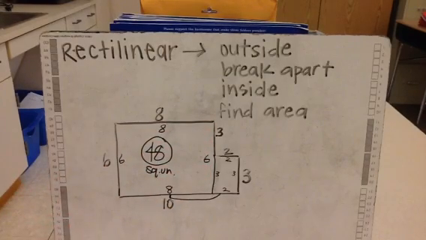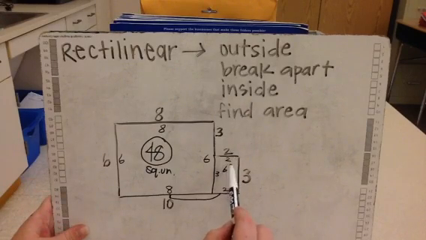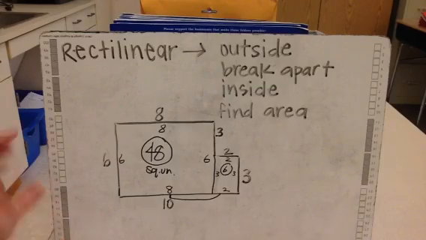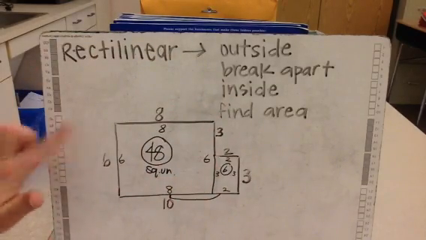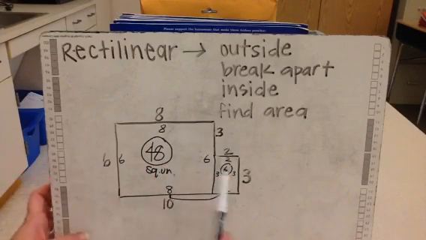So it makes sense. You can check it that way. So anyways, now I'm going to find the area of this rectangle. It would be 2 times 3 is 6 square units. But remember, I'm trying to find the area of the entire rectilinear shape. So I need to now add these two together.